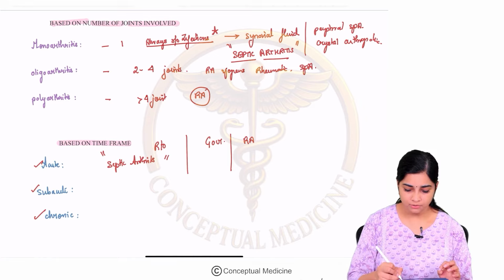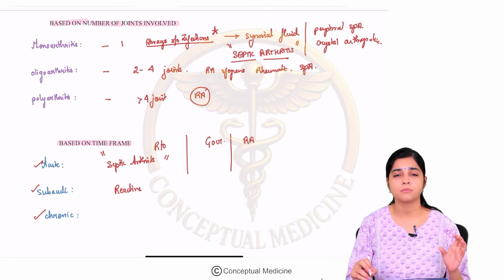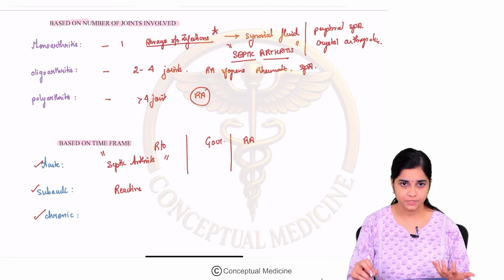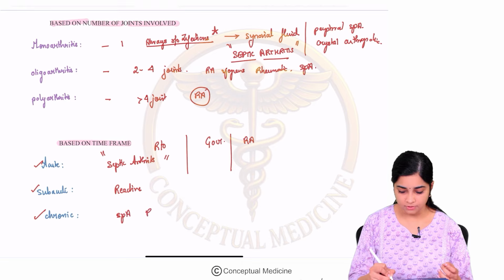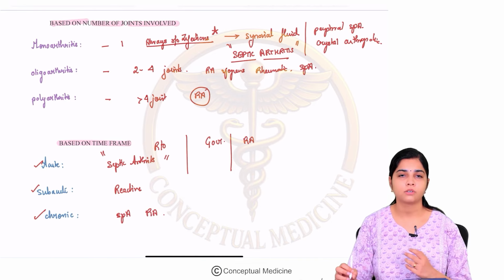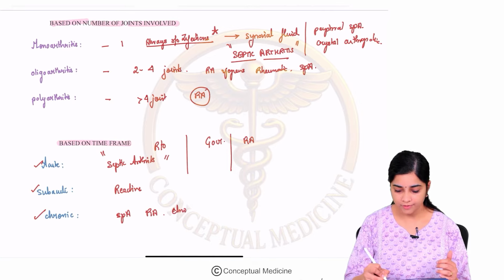When you speak of subacute arthritis, you think of reactive arthritis, which usually presents about 2 to 3 weeks after an infection, right? So that can be a reactive arthritis. Chronic forms, your spondyloarthropathies or your rheumatoid arthritis, are examples of chronic forms of arthritis. Okay, and even your chronic tophaceous gout.